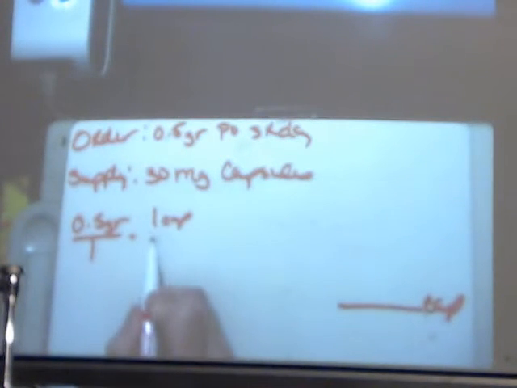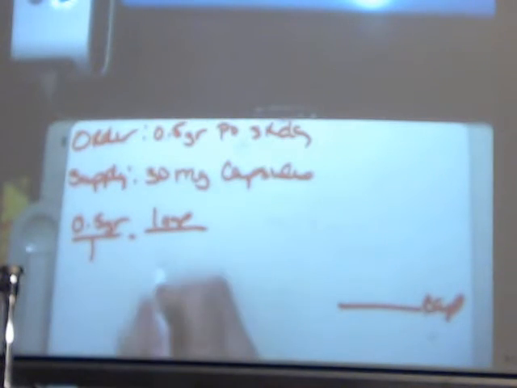And what we have on hand is 1 capsule, because remember, we have 30 milligram capsules, but we need our units of weight to be opposite each other, so 30 milligrams. Now, milligrams and grains are not the same, so we've got to put in a conversion factor.